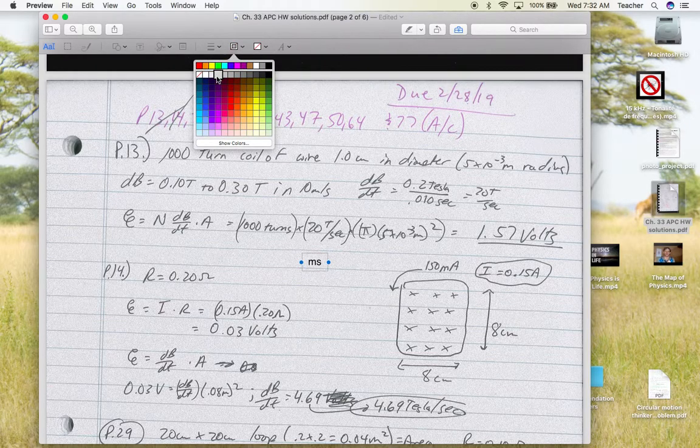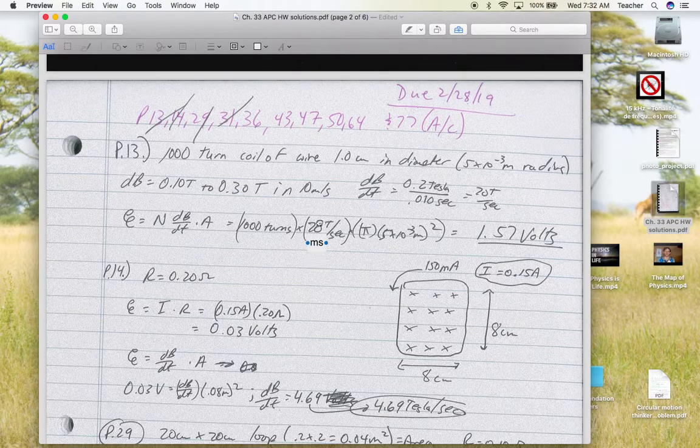I will see what I can do about that. Anyhow, you get that this is 20 Tesla per second, the rate of change of the field.